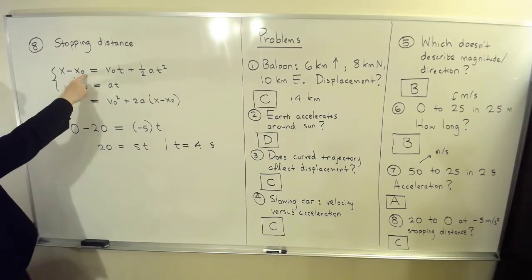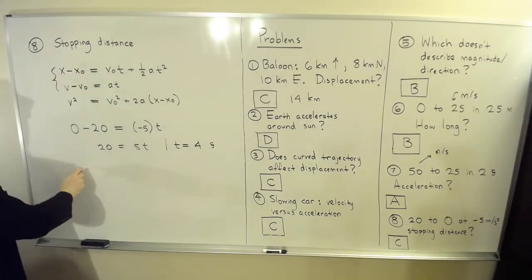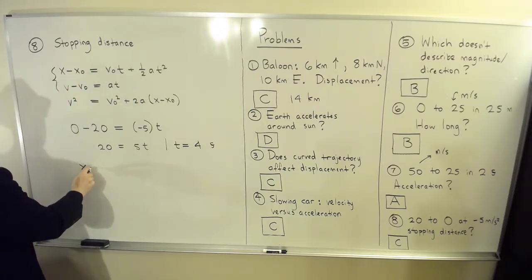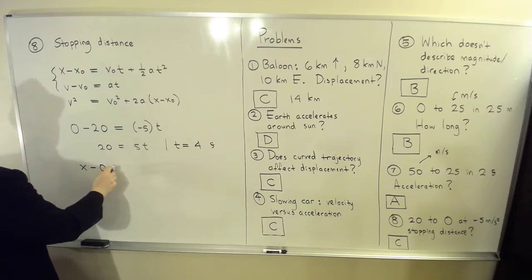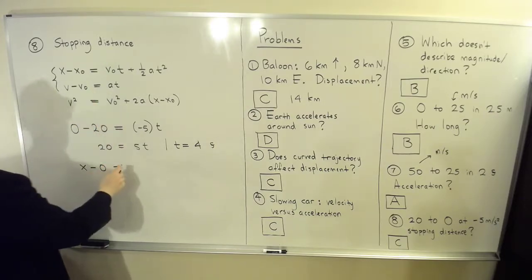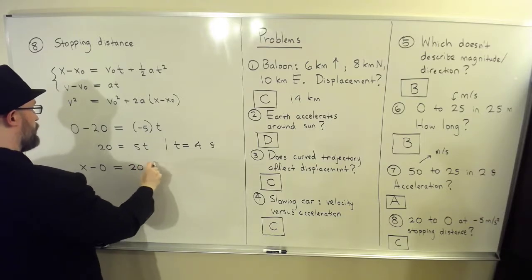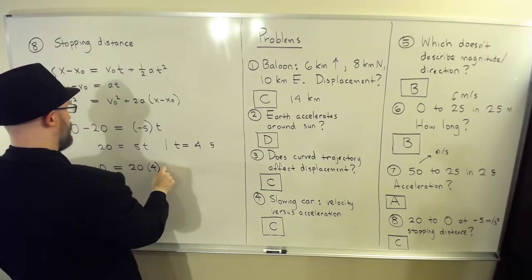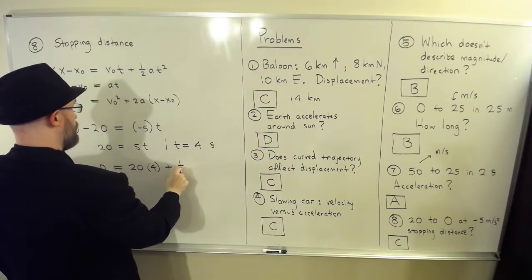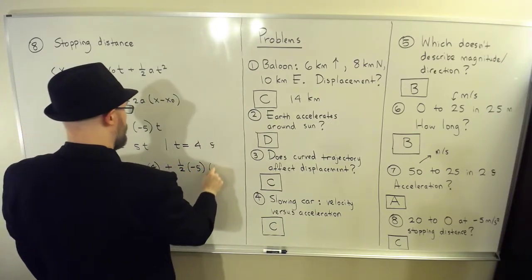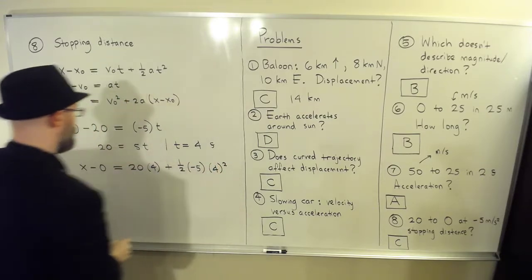And then I could plug that into here. So the x is what I'm solving for. I'm going to say the x0 is 0, so x minus 0 is the initial velocity, v0 was 20, the time is 4, and then I have plus 1/2, the acceleration was -5, and the t squared was 4 squared.